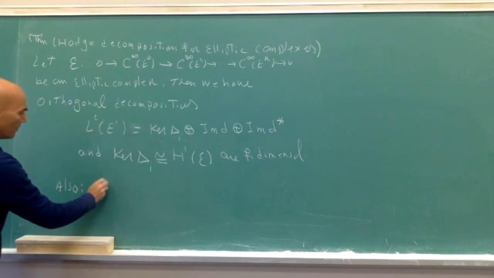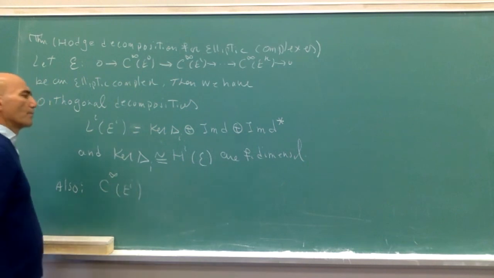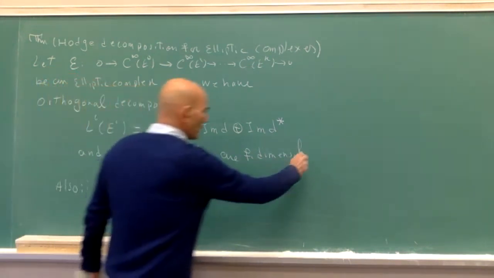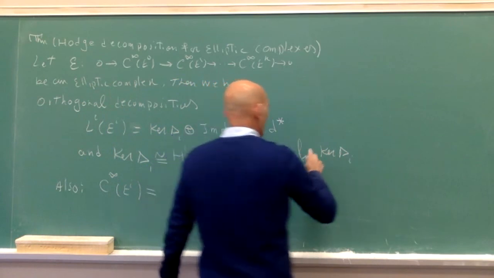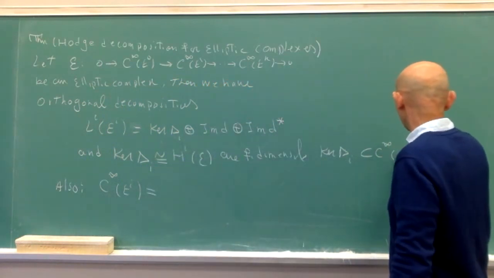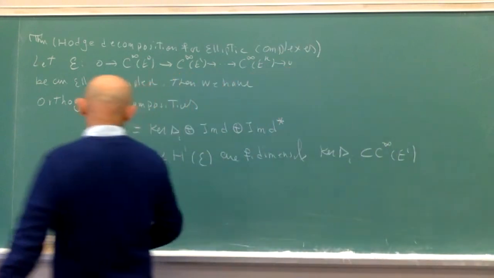Also, C infinity of E_i is the following. Here, of course, the kernel of delta_i, another part of the statement is that this is inside C infinity of E_i, the smooth sections.